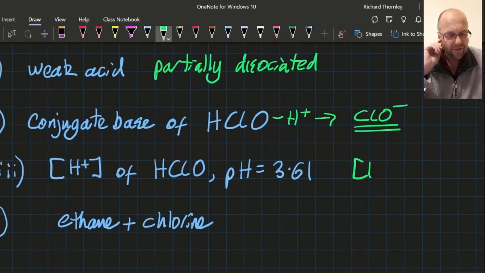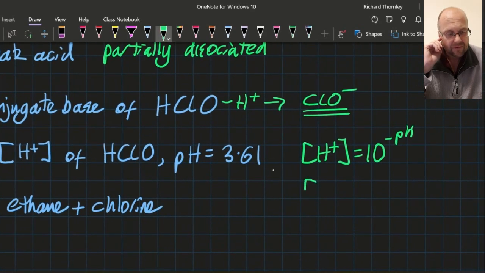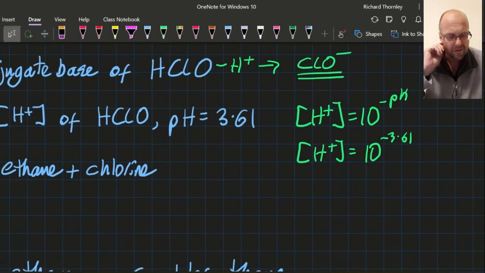The concentration of H+ is 10 to the negative pH, which is 10 to the negative 3.61. You can't just leave it like that. They won't give you the point. You've got to pop out a number.